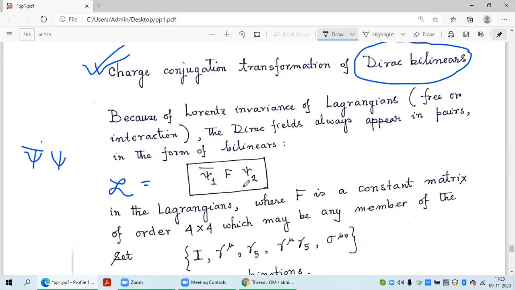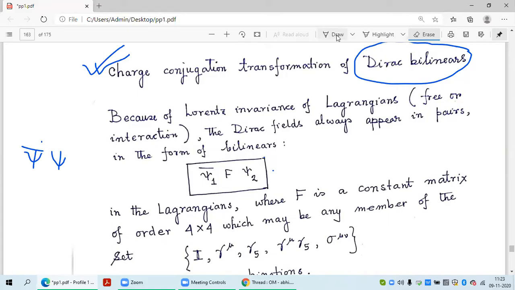It is not the only term; it can be multiplied by other terms like A mu or phi. But whenever we introduce Dirac fields in the Lagrangian, the form of their appearance must be like this, in this box.